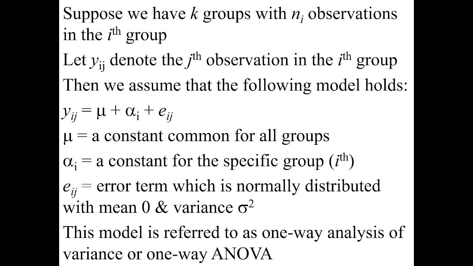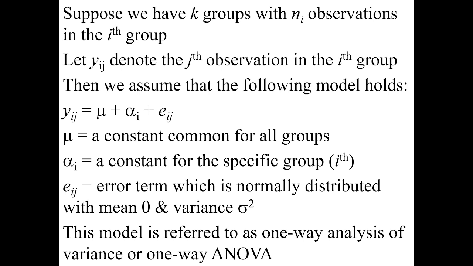Ni observations in the ith group, and now come back to our parameter, a quantitative variable, which we call the dependent variable, the outcome variable, y. Its value on the ith individual in the jth group. Sorry, the other way: it should be the jth observation in the ith group.